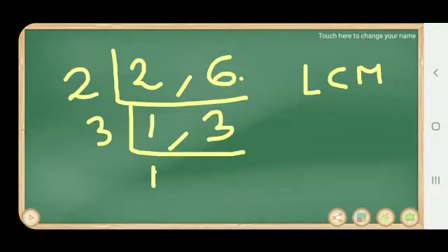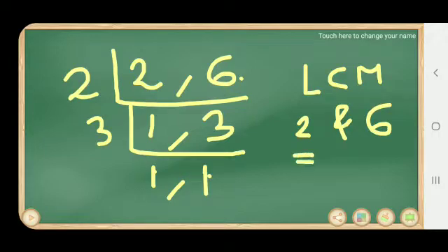1 you can write down there. In 3, how many 3's are there? 1. So you stop this procedure when you get all ones. So LCM of 2 and 6 equals, see what numbers are on this side, 2 into 3.